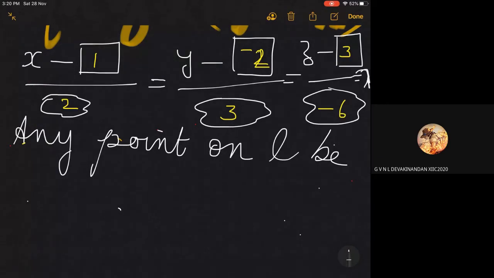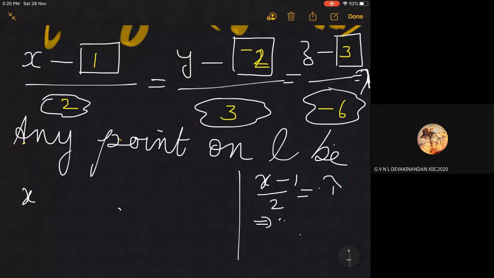Let this ratio be equal to lambda. Then how do we find any point? x minus 1 by 2 is equal to lambda. That means x equals, on cross multiplying, 2 lambda plus 1.